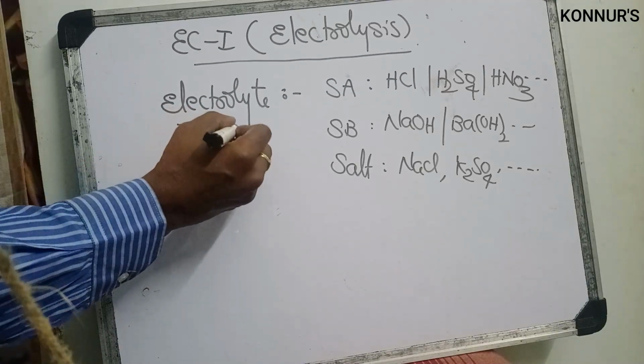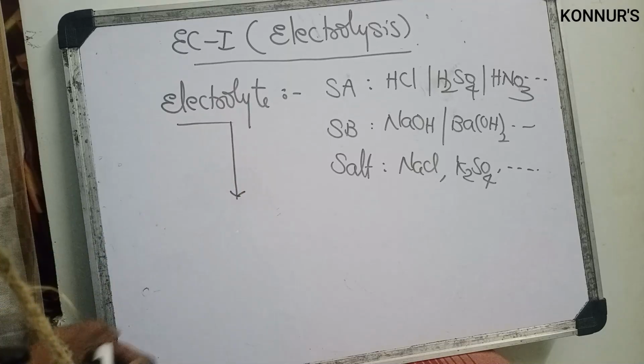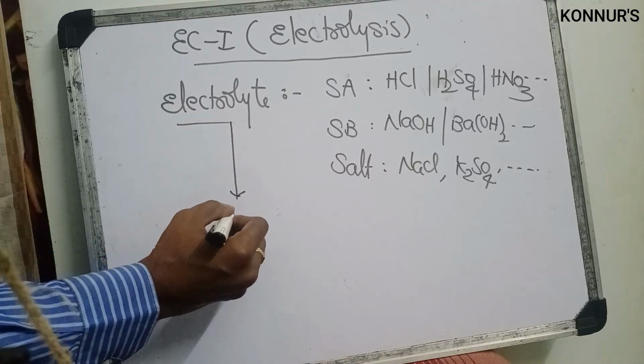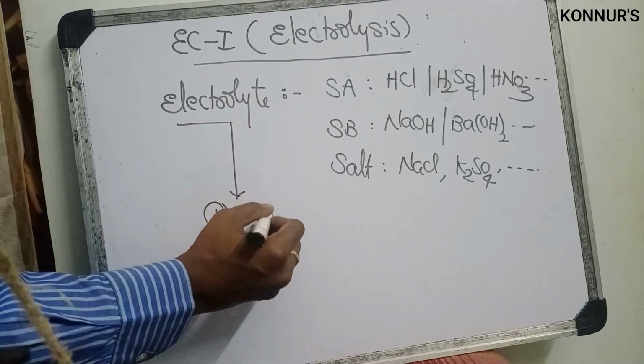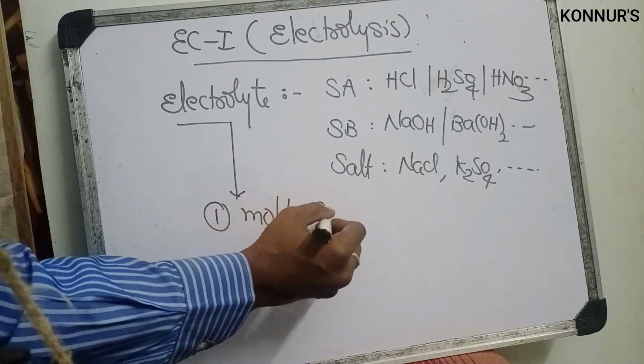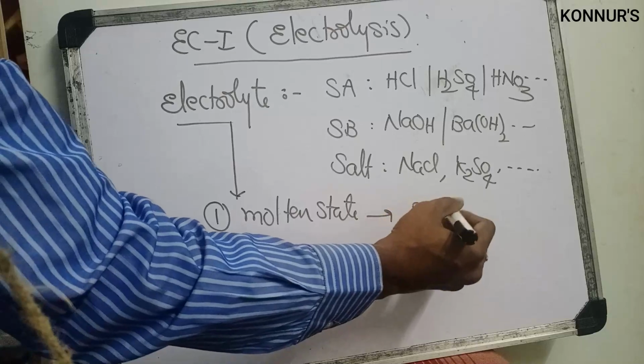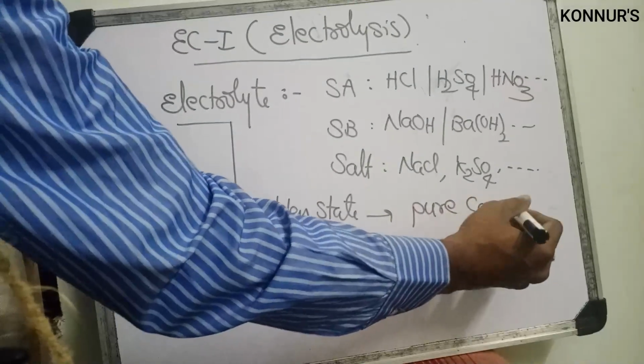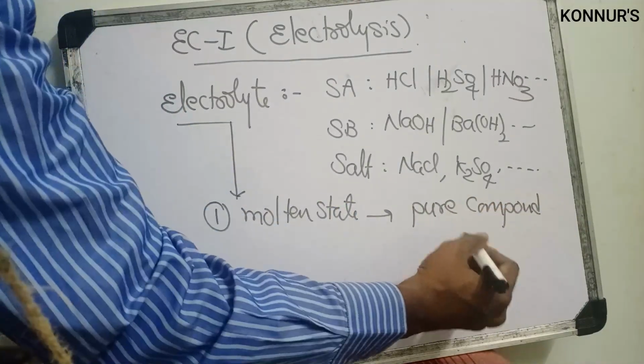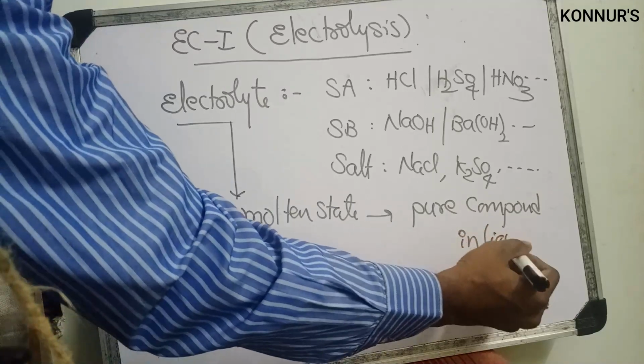Next, the electrolyte shows conductivity in the molten state. Molten state means a pure compound in the liquid state.